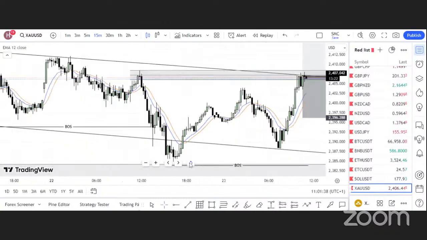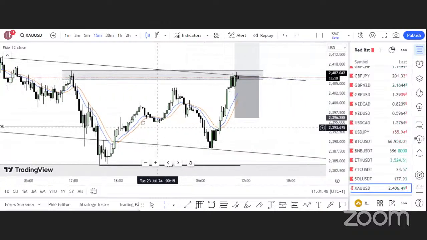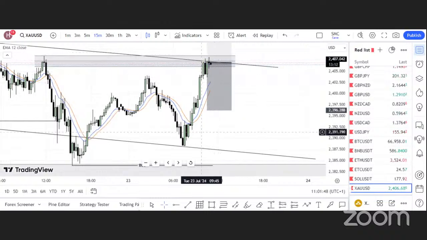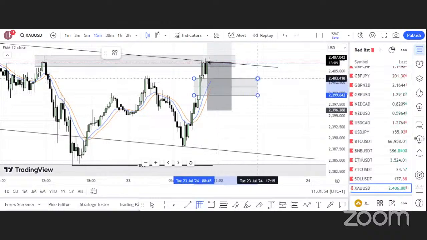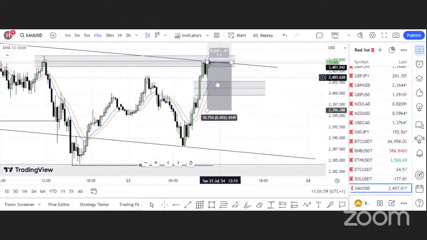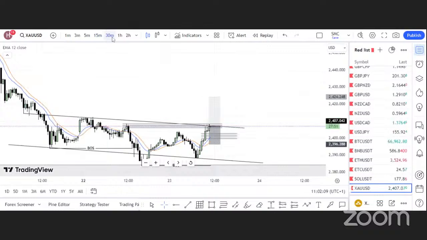Though dojis are for continuation, which simply means that this market is going to continue to trade to the upside, again the market is trying to send us information regarding our entry. And I believe this market is going to come down to this level, retest this area before going up. So I'll just keep an eye on this analysis.